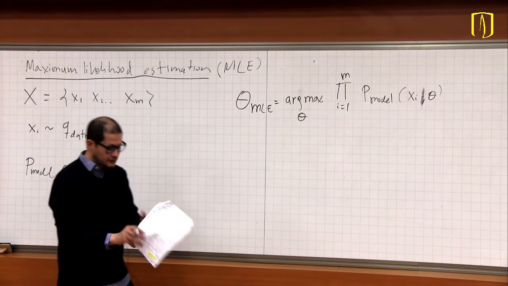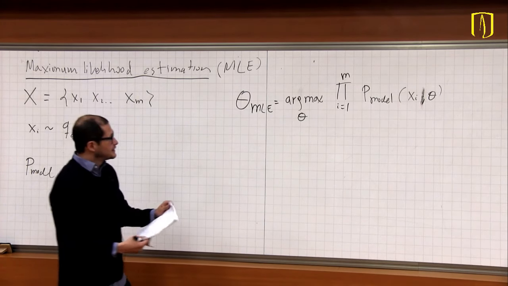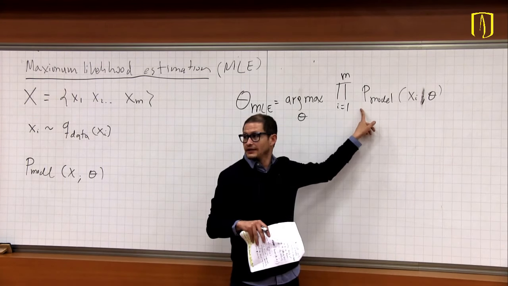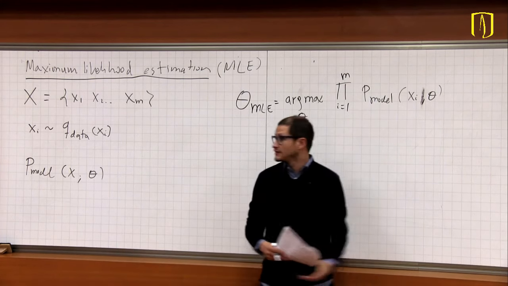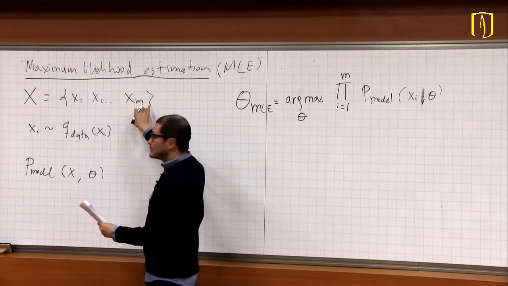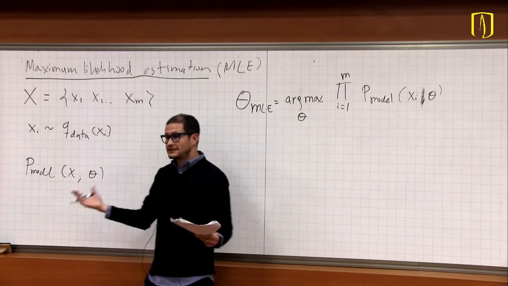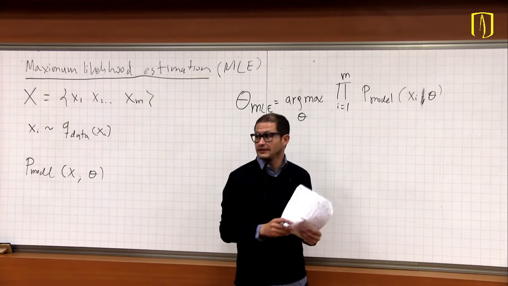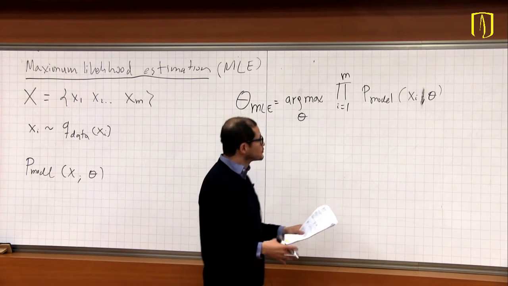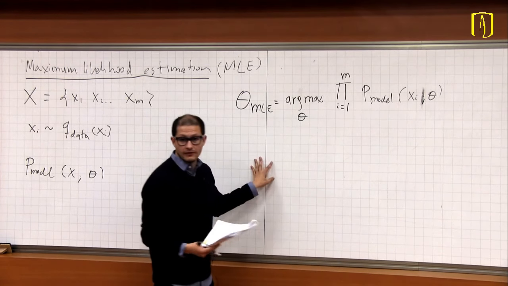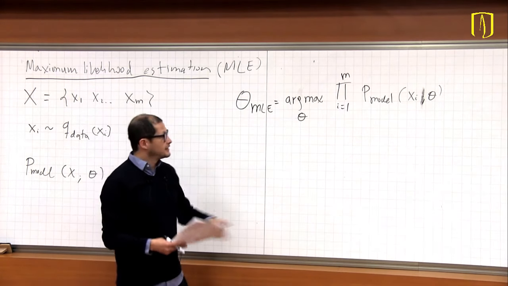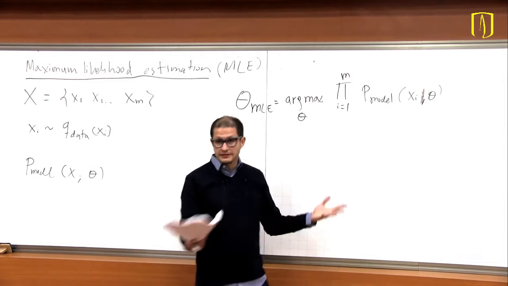Okay, so for numerical reasons, probability is always a number less than or equal to 1. So if you multiply a big bunch of them, where m is large, when you have a large data set, this number is going to be really small, exponentially small. So we usually deal with the log of this probability, because the log of these very tiny numbers is a reasonable number.